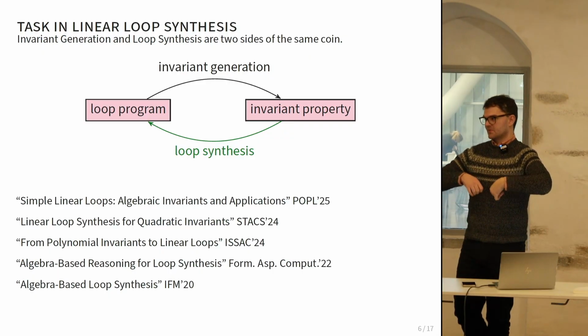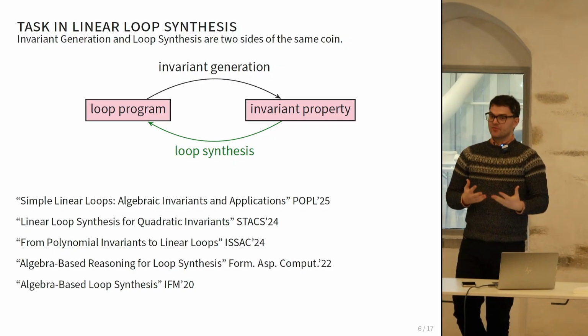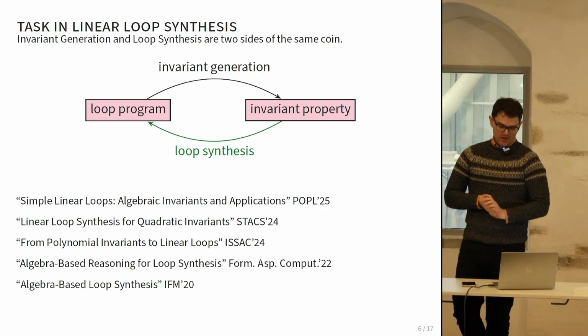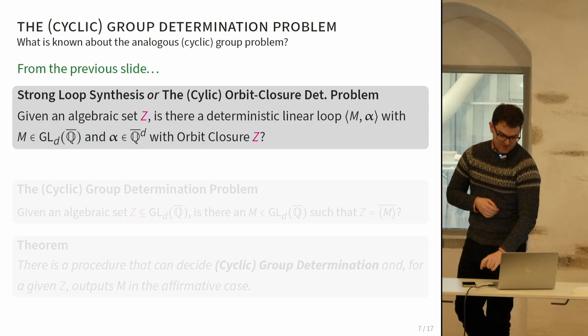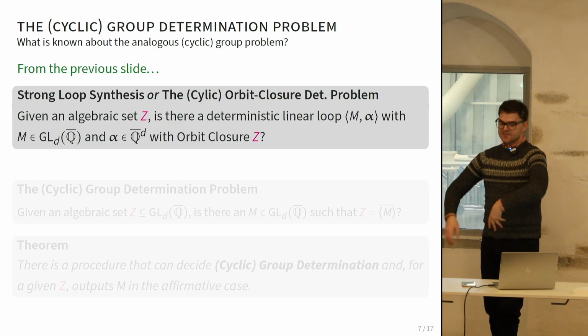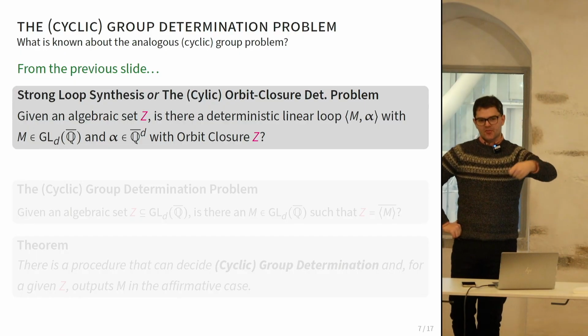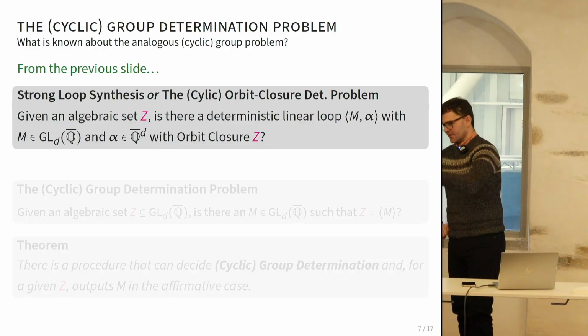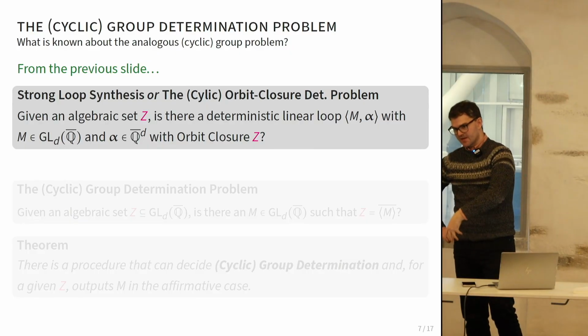different updates. I've already shown you one where I had 2 different matrix updates, and that's the point of our paper today. The paper considers 2 problems. I said on the previous slide that this was strong loop synthesis, but since I only had one single matrix, I'm actually generating a cyclic matrix group and then applying it to some vector.